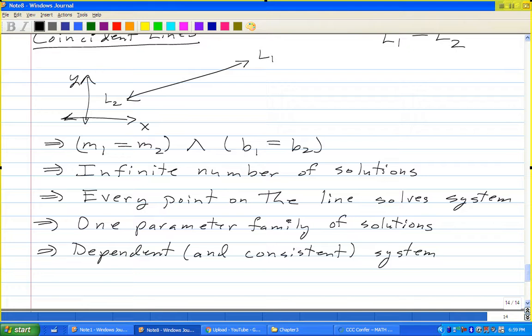Let me do an example on page 152, problem number 19.